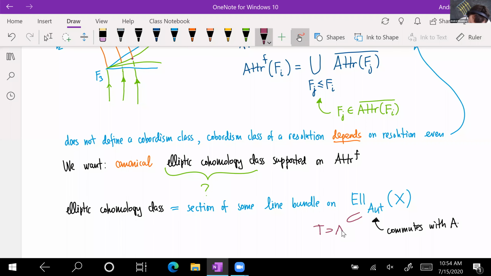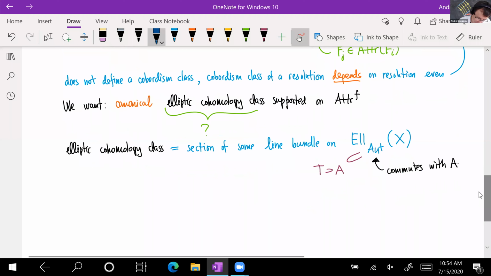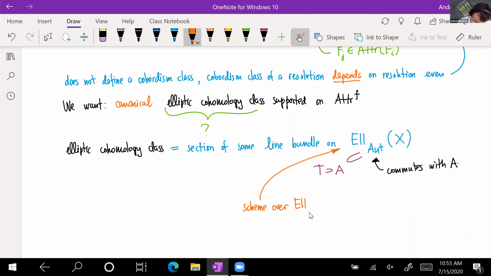So we discussed what this object is. It's some scheme over elliptic T-covariant homology over a point.